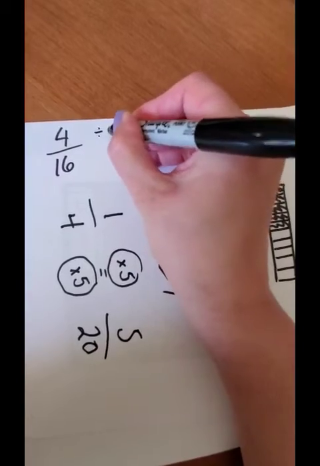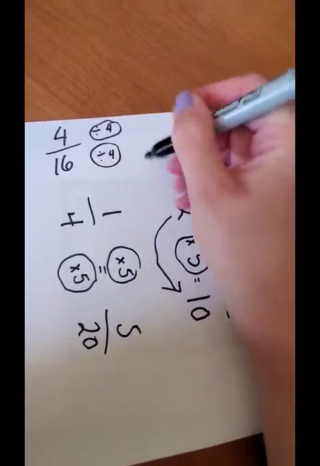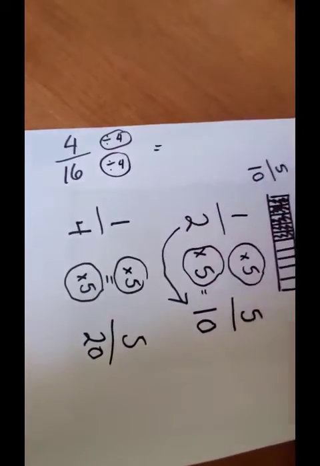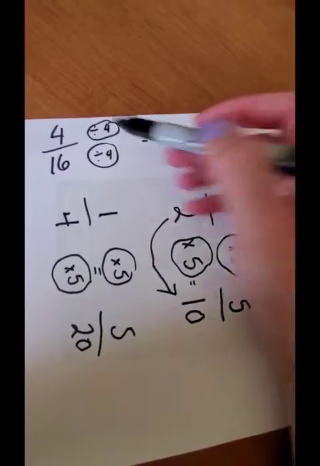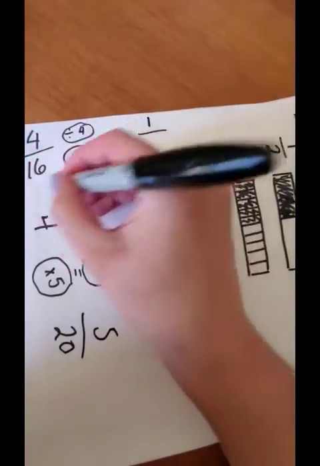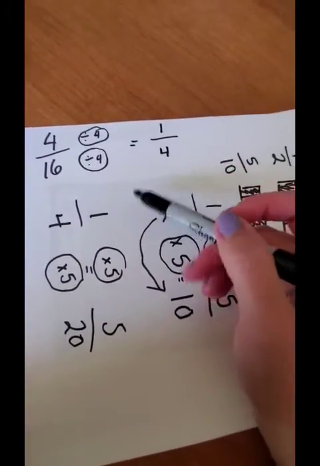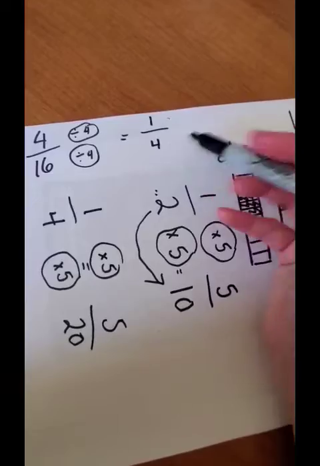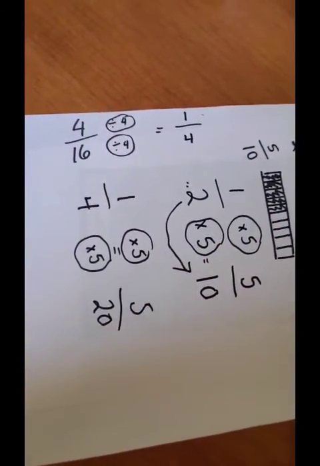Divide by 4 and divide by 4. So if I have my 4 pieces out of 16 sixteenths in total, 4 divided by 4 is 1, and 16 divided by 4 is 4. So as you can see, 1/4 is really the same as 4 sixteenths. They're just cut into different numbers of pieces.